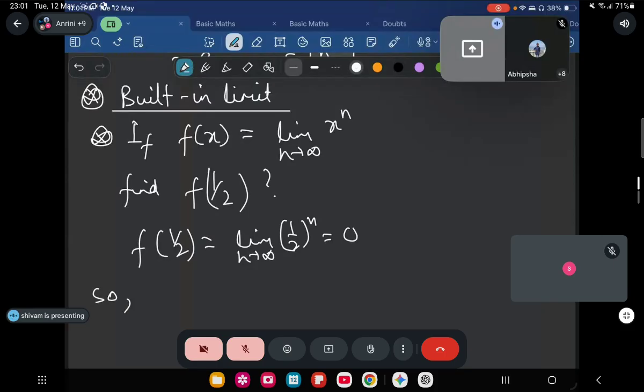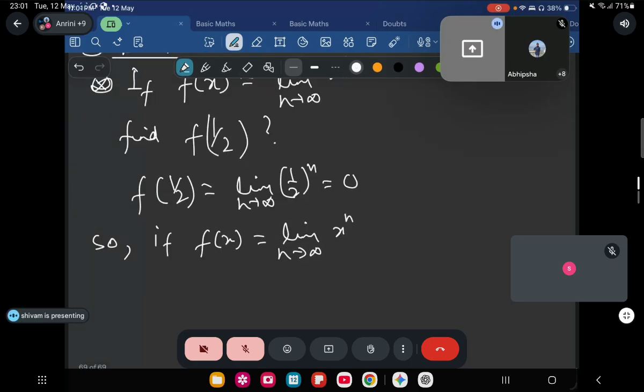So everyone, if f of x equals limit n tends to infinity x to the power n, then can I say f of x equals 0 when x lies between -1 and 1? That will be equal to infinity when x is greater than 1.